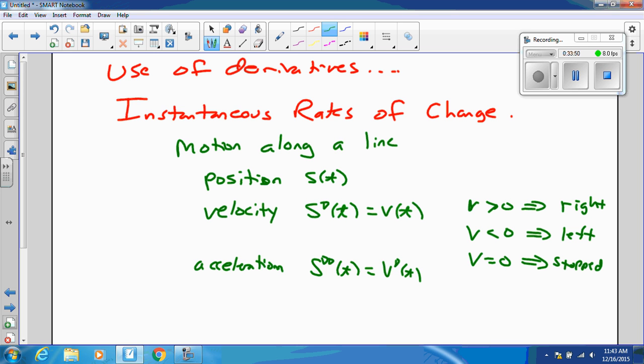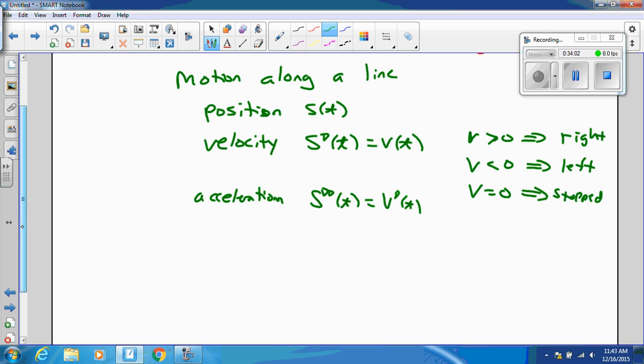And if my acceleration is negative, the velocity must be decreasing through that time. But not necessarily the speed. What is the difference between speed and velocity? Speed is just the magnitude, the absolute value. That's right. So speed is the absolute value of that velocity.